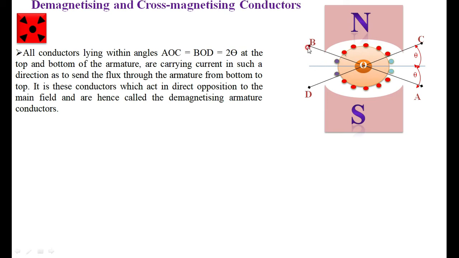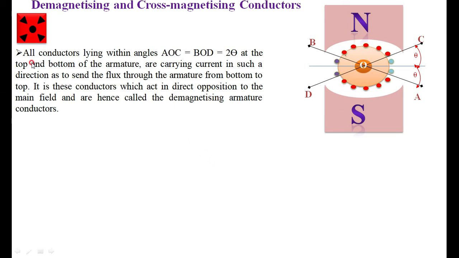Then the remaining conductors, those lying between BOC and DOA, contribute flux in such a way that they produce flux perpendicular to the main flux. They contribute the cross-magnetizing effect, and are called cross-magnetizing conductors.